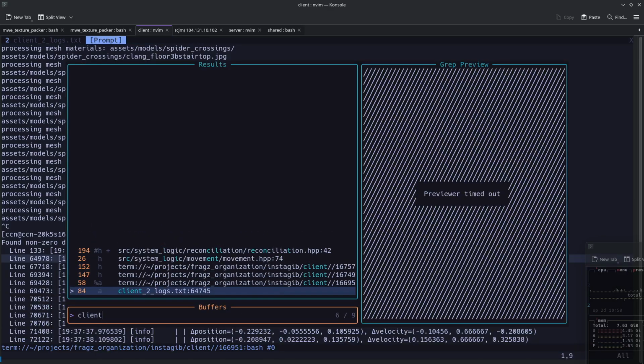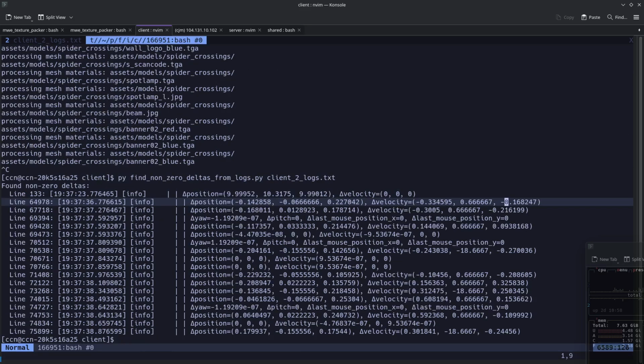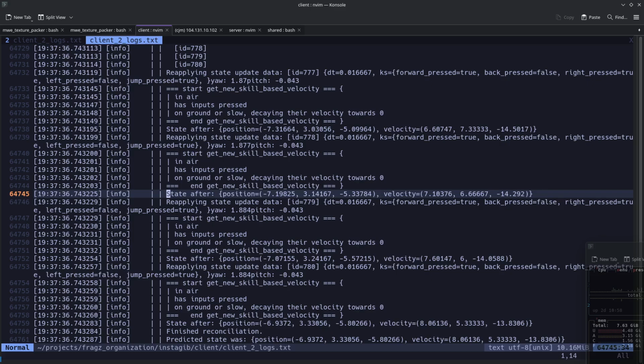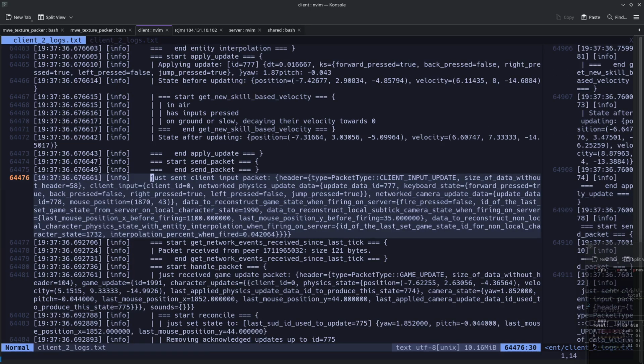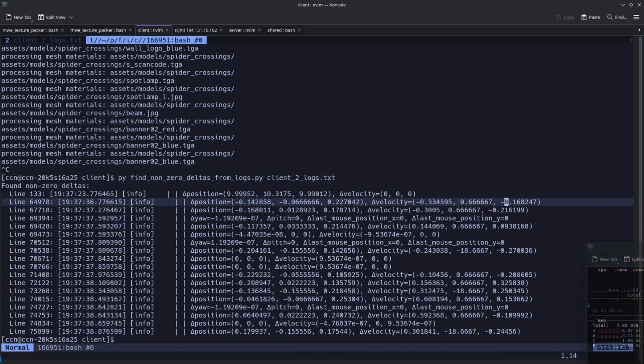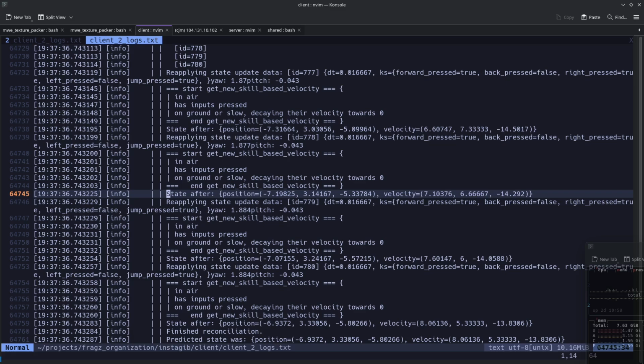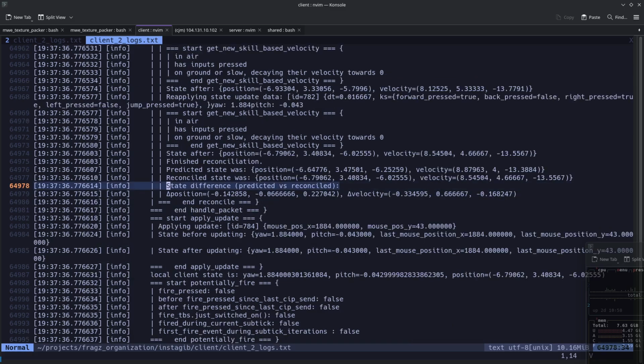So let's go figure out why this is the case. Go to my client logs, 64978. Alright, here's that error we were looking at.